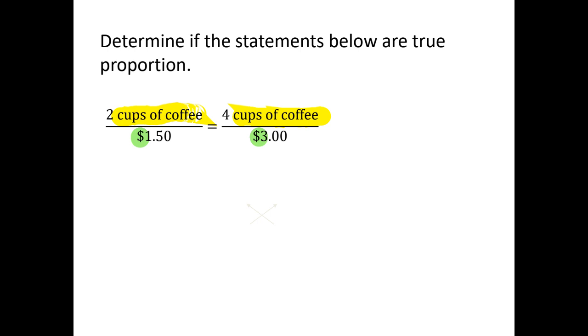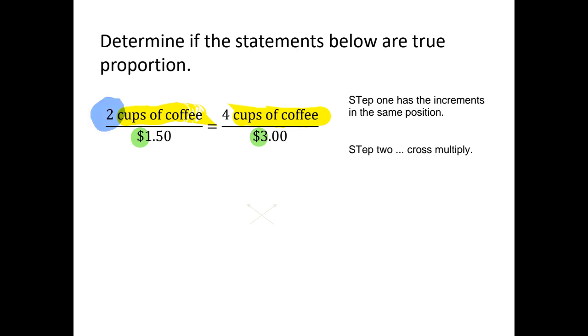Step 2, cross multiply. Well, that means that I'm taking this 2 and this $3, and I'm coming down here. 2 times $3 gives me $6. Okay?